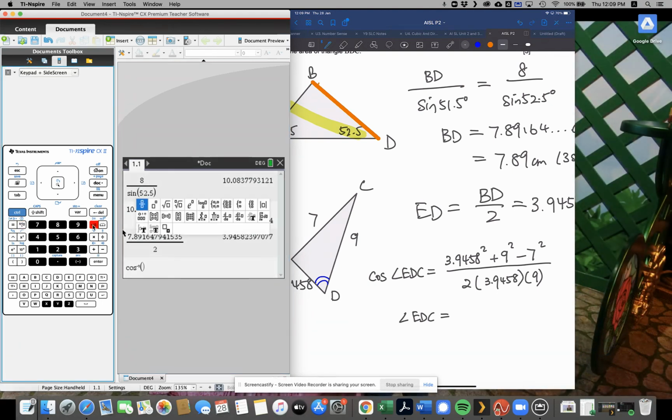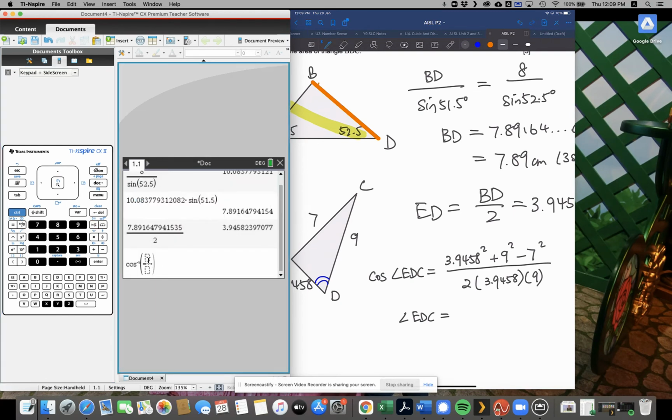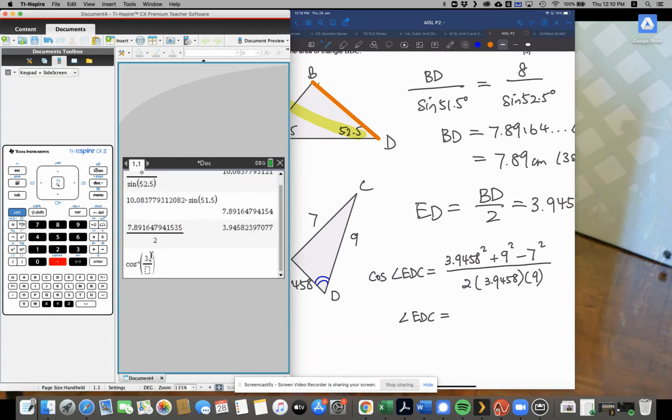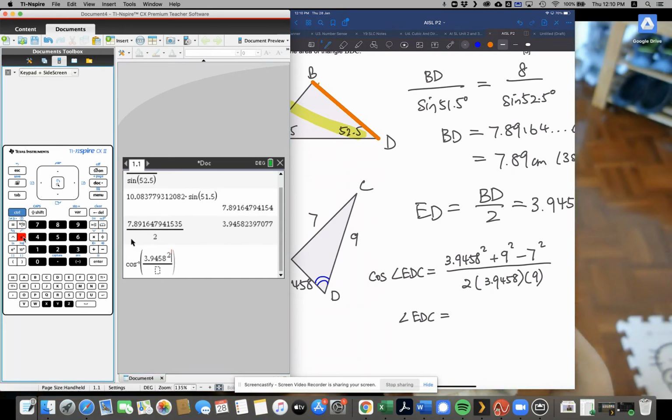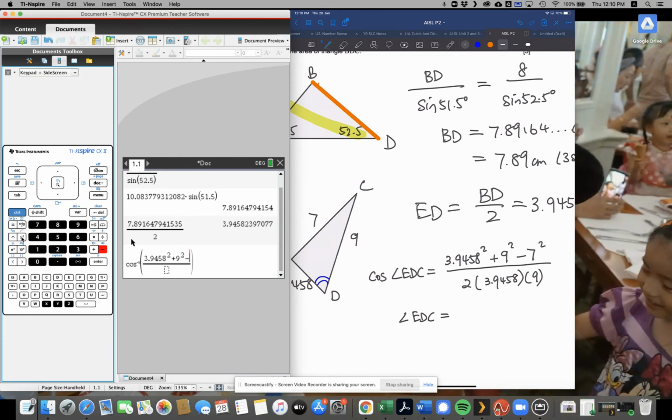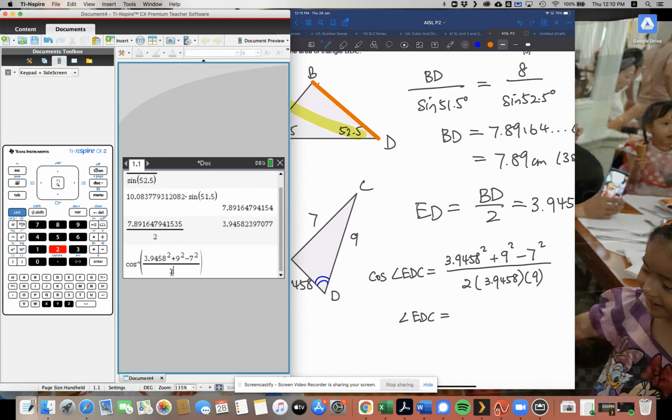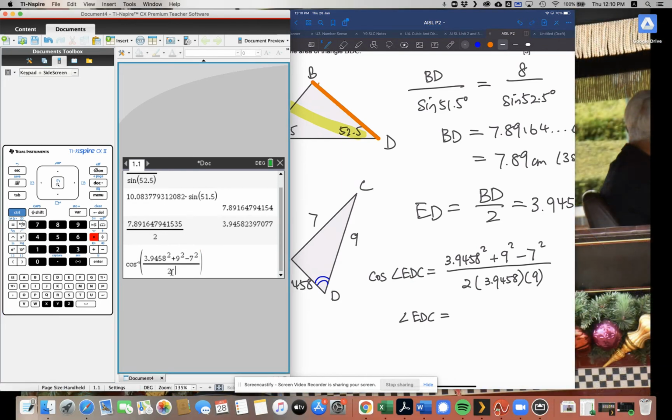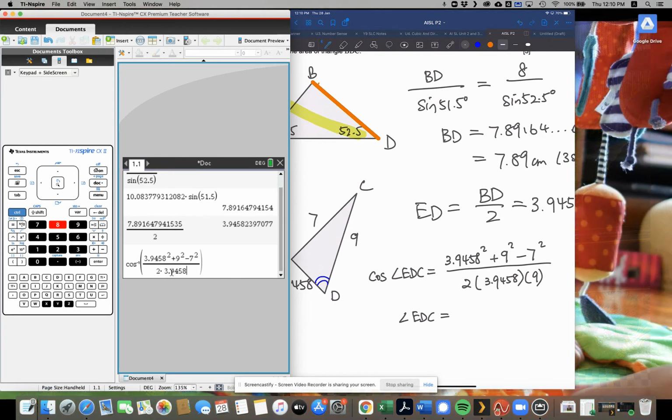I'm going to set up the fraction and enter everything in one go. 3.9458 square plus 9 square minus 7 square, all divided by 2 times 3.9458 times 9.